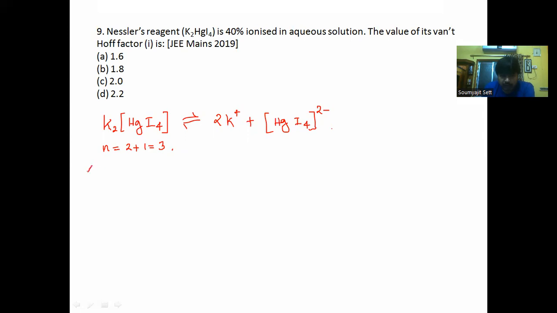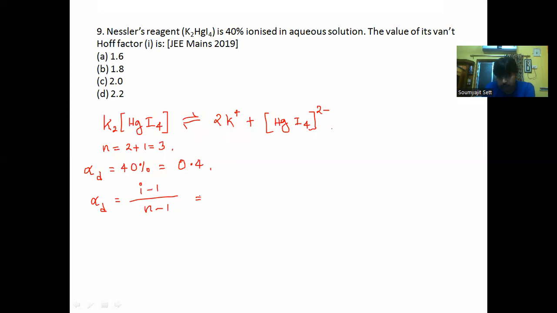Now it is given alpha D is 40%, that is 0.4. Now according to the equation, alpha D is equal to (i minus 1) by (n minus 1).